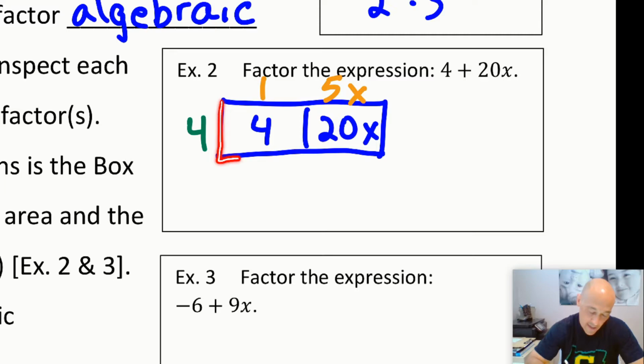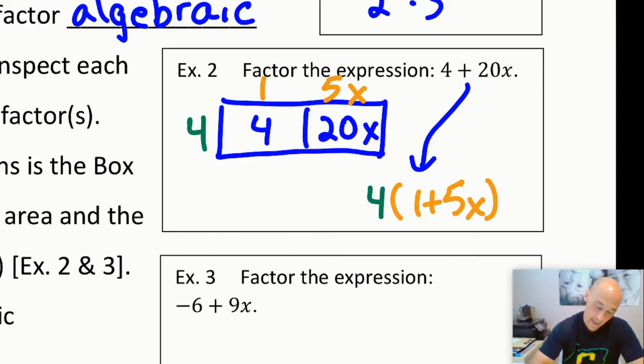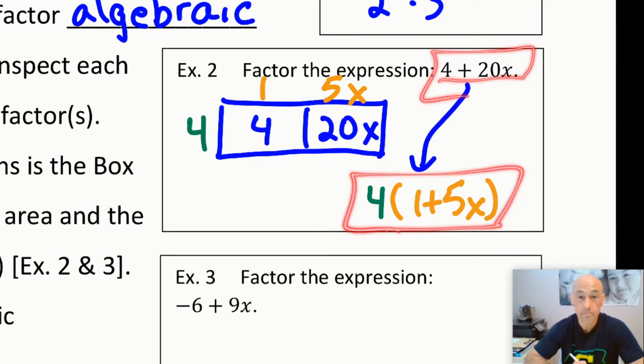So the height of this rectangle is 4, and the length of this rectangle is 1 plus 5x. So we can rewrite our original expression as 4 times the quantity 1 plus 5x. And so this is the original expression factored.